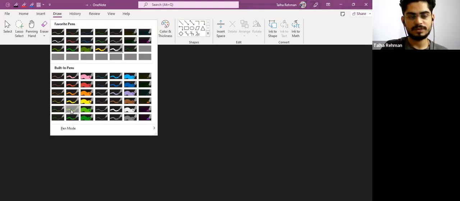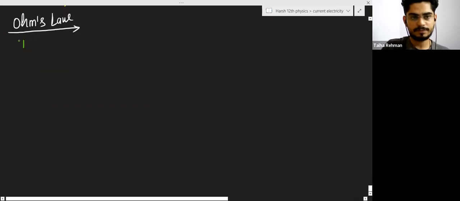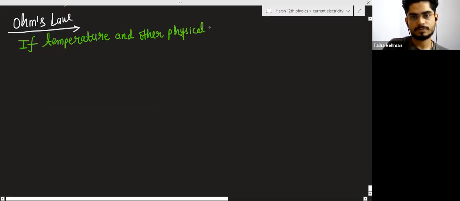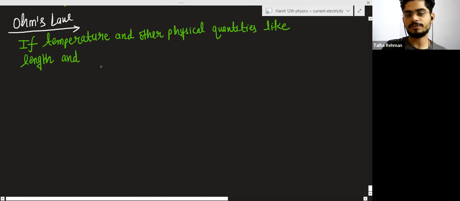You have to say this statement also: if the temperature and other physical quantities like length and area are kept constant, and for area we will always talk about the area of cross section.